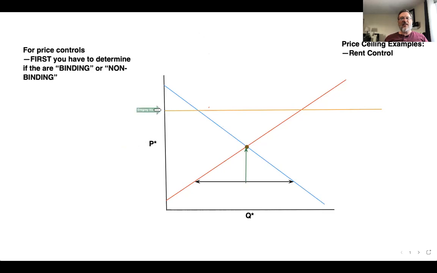This is an example of a non-binding price ceiling. So if you get an example in Ignifium where you have a non-binding price ceiling, a lot of your answers are just going to be equilibrium price, 0 excess demand, and all that. So you have to watch for that.